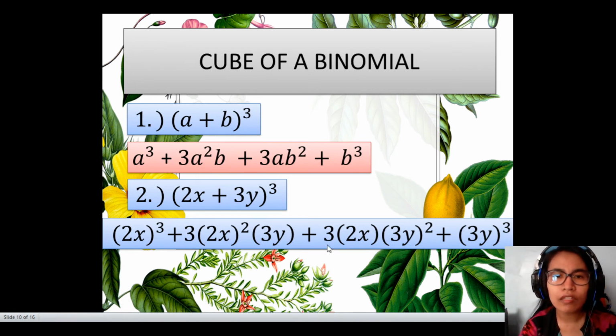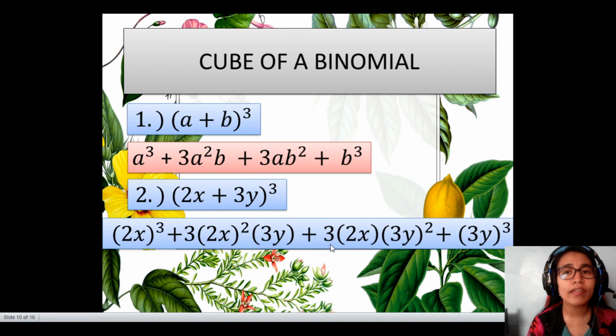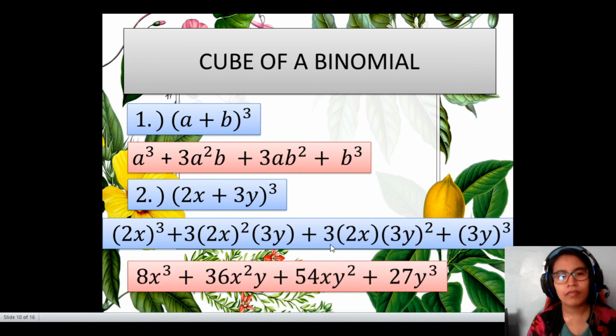Then, to be multiplied to our 3 will give me 54xy squared. Then for the next one, we have (3y) cubed. That is 3 times 3 times 3, which will give me 27y cubed. So your final answer will look like this: 8x cubed plus 36x squared y plus 54xy squared plus 27y cubed.